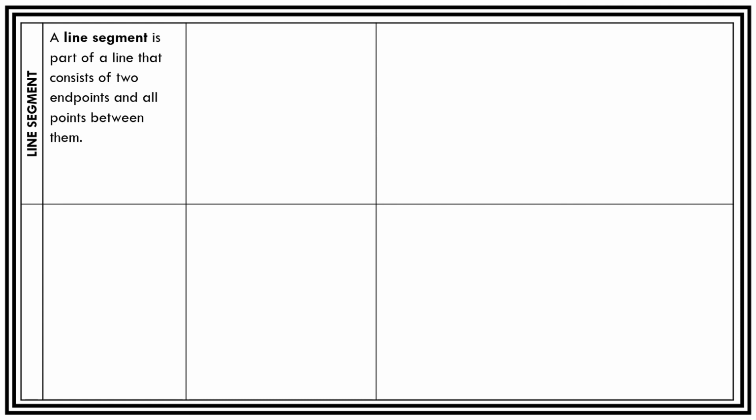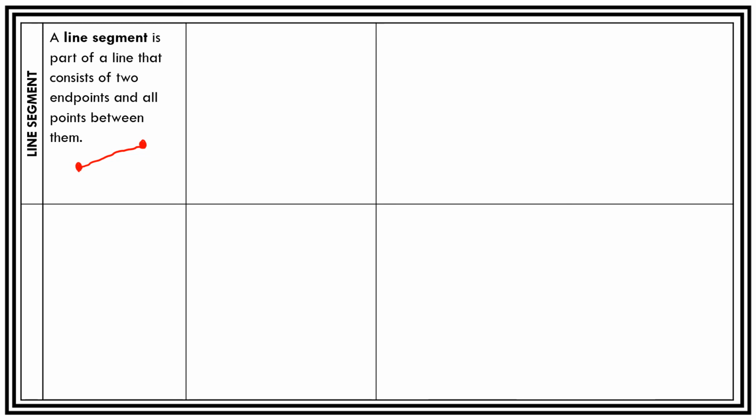So, a line segment is a part of a line that consists of 2 endpoints and all points between them. So, 2 endpoints. Endpoints mean that the line does not go any farther than those 2 points. Okay, you start at one and go to the other. So it looks something like that. So you can see how it is a part of a line. It's straight. It's a straight line, right? But it doesn't go on and on forever in both directions like that.